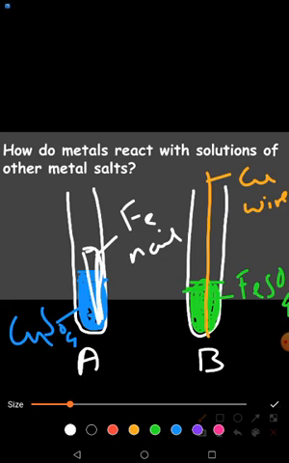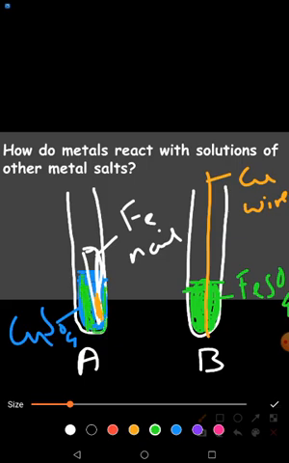After some time, when you see, you can find the tip of the iron nail turning reddish brown. This tip would become reddish brown and the solution must have become pale light green in color.